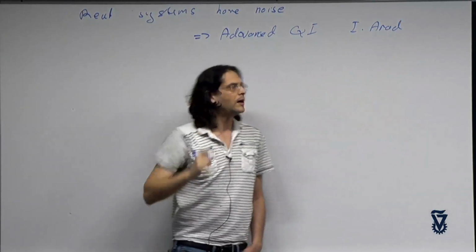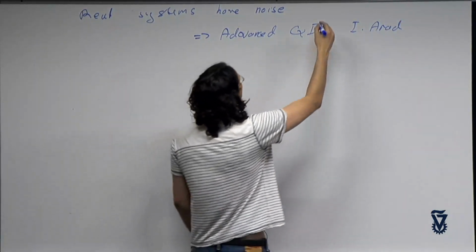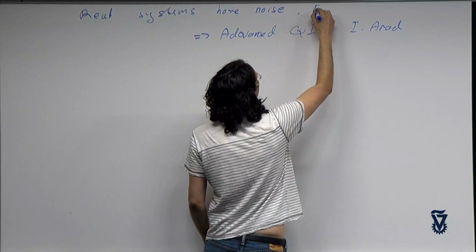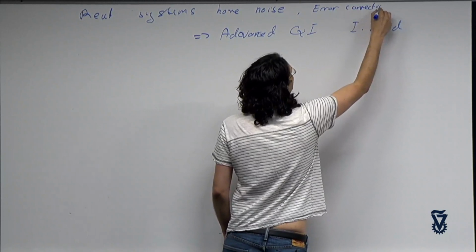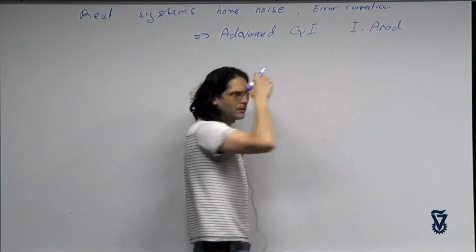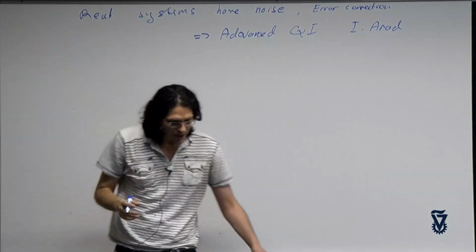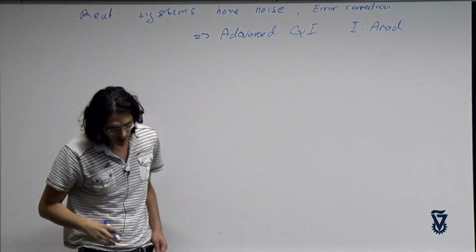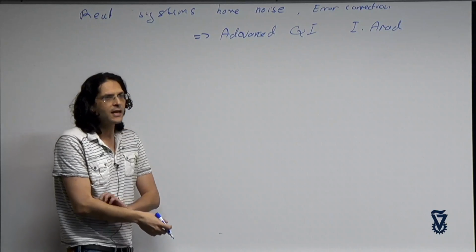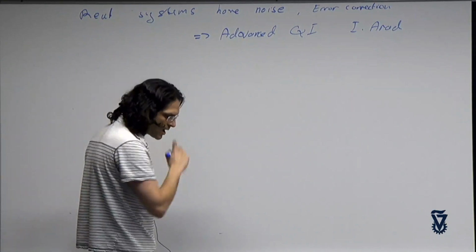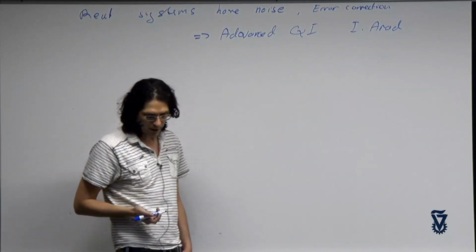So noise and error correction on the theory level is going to be given there. But we're going to just keep these things in mind, because this noise thing is important. And it's something that when you're talking about a technology, you have to be aware of.